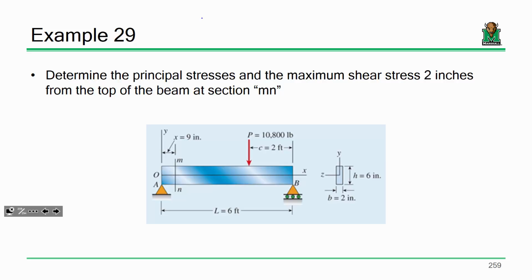We're making the assumption that this x and y axis is the axis that matters, but we know that might not be the case. Maybe it's this axis that matters, or that axis, or this axis, right? So we're going to determine stresses at that point, and then we're going to rotate it using Mohr's circle and get the worst case scenario. Everybody okay with that? So let's take our time with this one and make sure we understand what's going on. Everybody good?